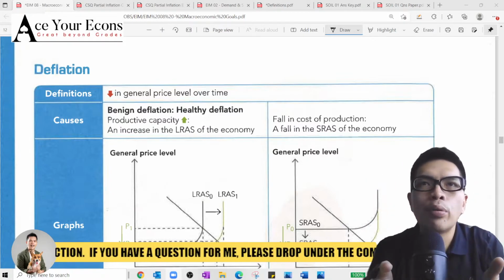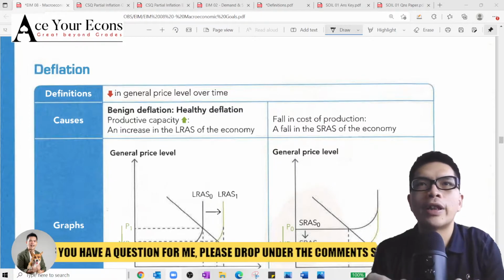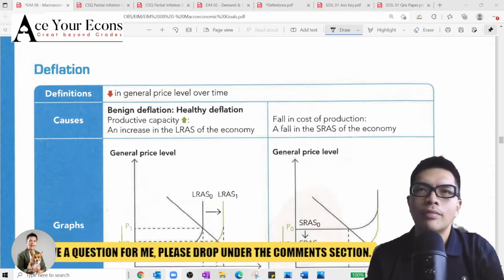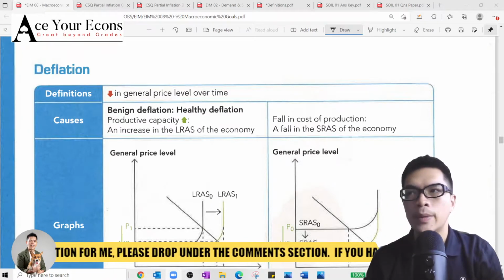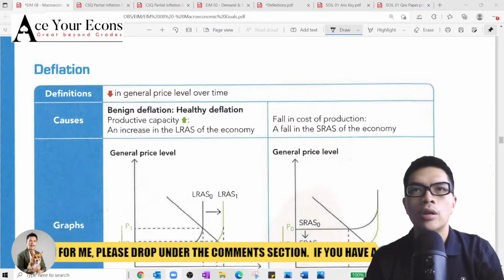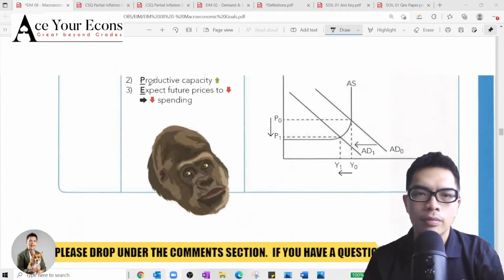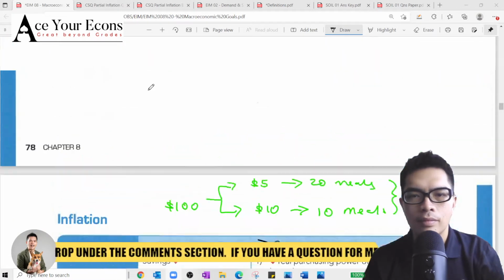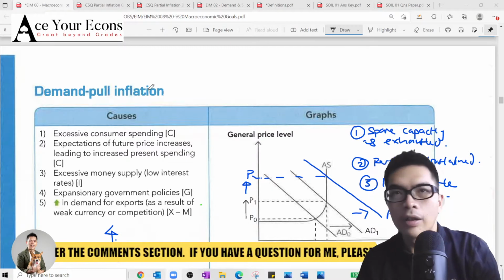Between demand pull inflation and cost push inflation, which do you think is the lesser of the two evils? Demand pull and cost push. If you were to make a choice between demand pull and cost push, which do you think is the lesser of the two evils? Or are they the same?